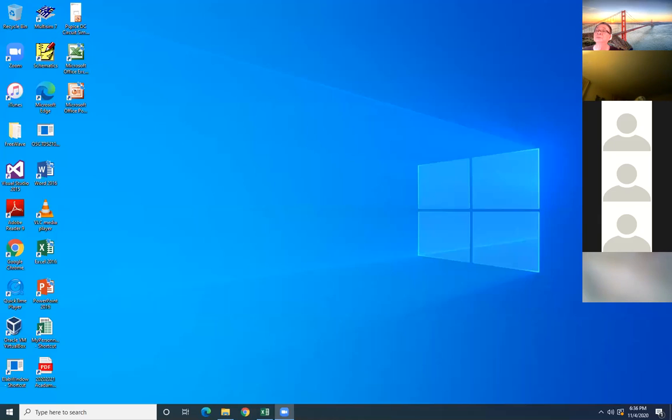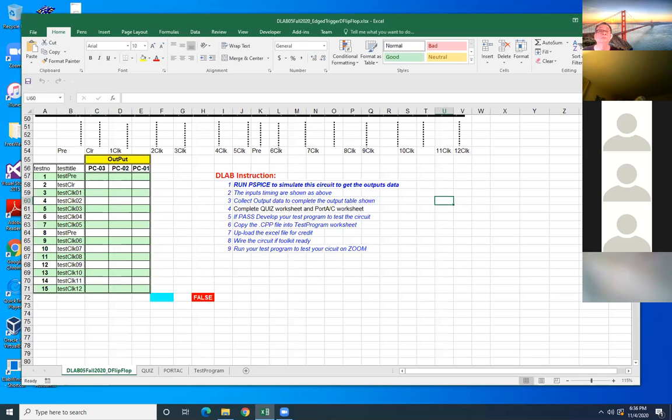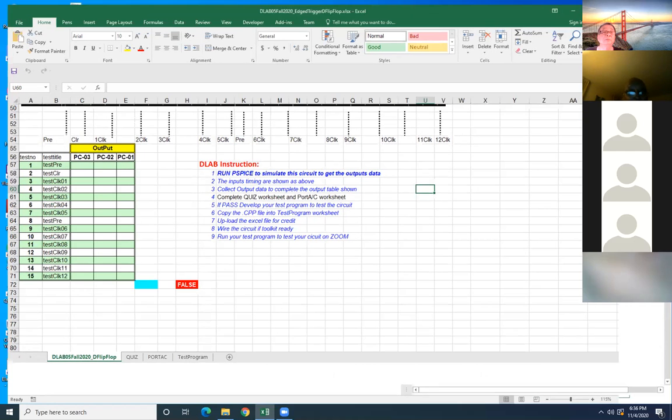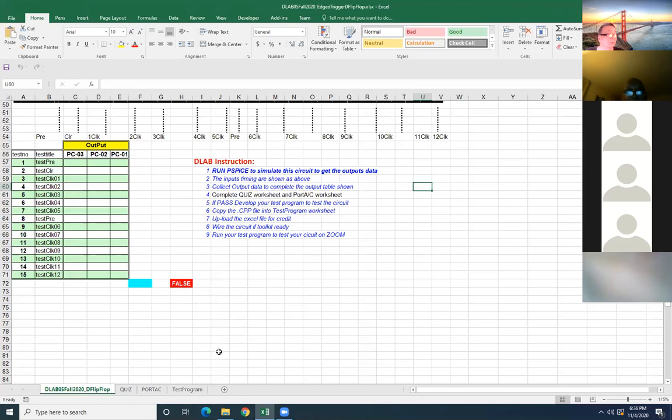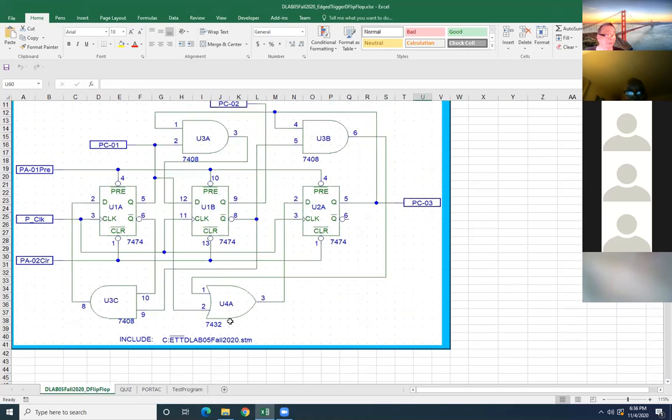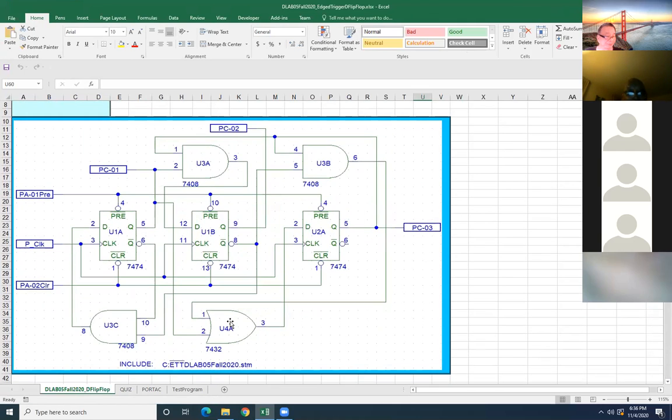The lab 5 or the lab 6? Okay, now lab number 5. So that will be a D flip-flop. Let's see how many inputs.